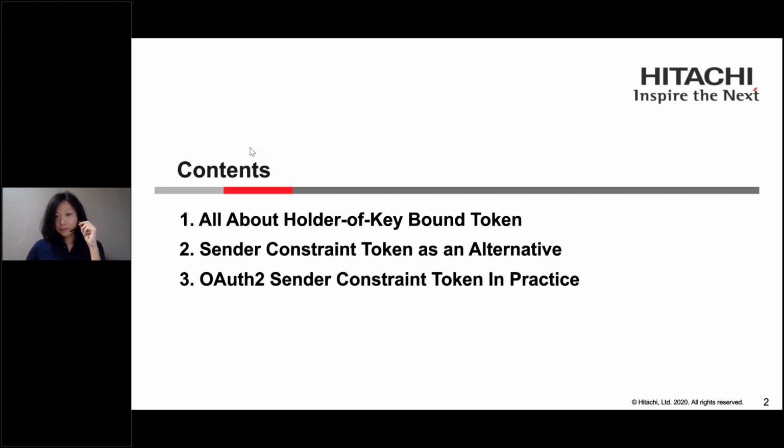Then, after considering the characteristics of each method for realizing sender constraint token, I would like to propose an appropriate way of realizing sender constraint token in the OAuth2 protocol in practice.